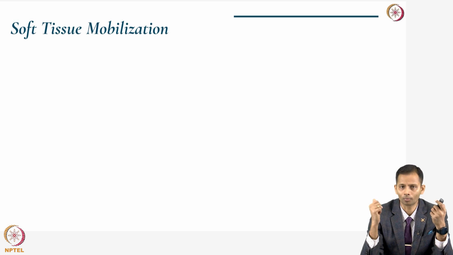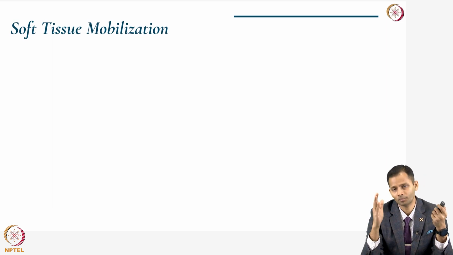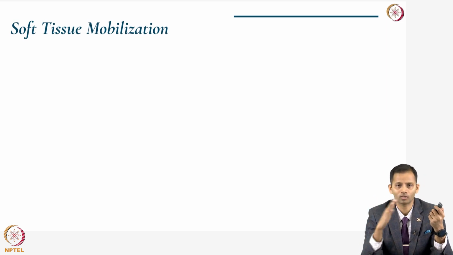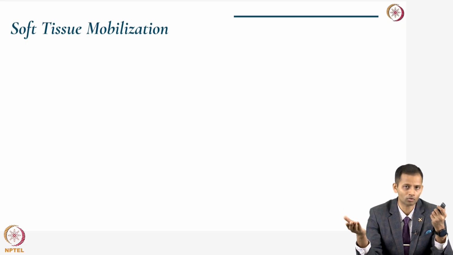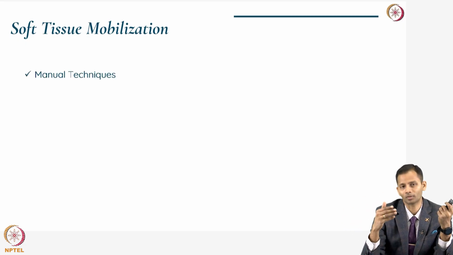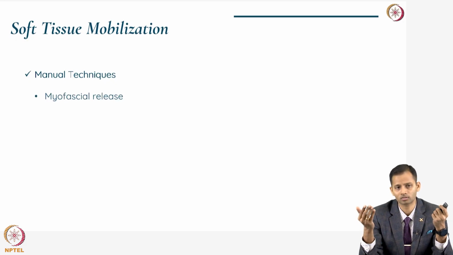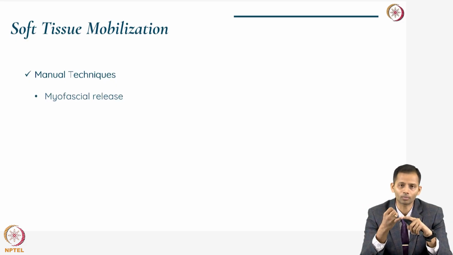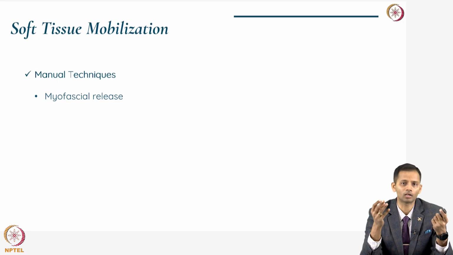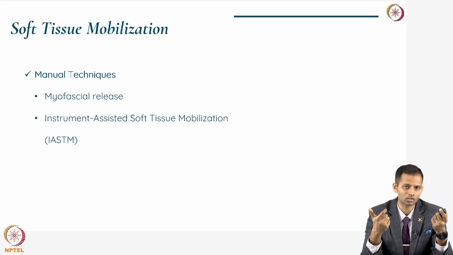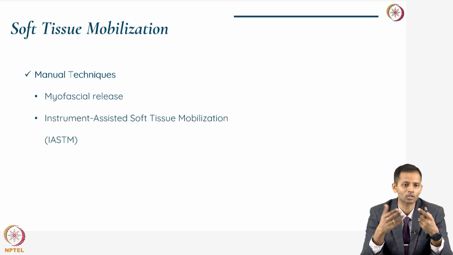See, the soft tissue mobilization is basically aimed at mobilizing the soft tissue, the tissue adhesions that may be there, which may be a cause for reduced mobility. So manual techniques are generally utilized in terms of doing a myofascial release, either using your own digits or the therapist's digits, or by using instruments.